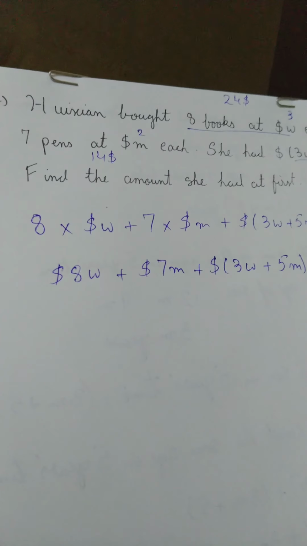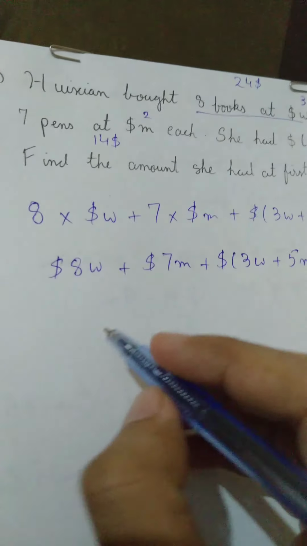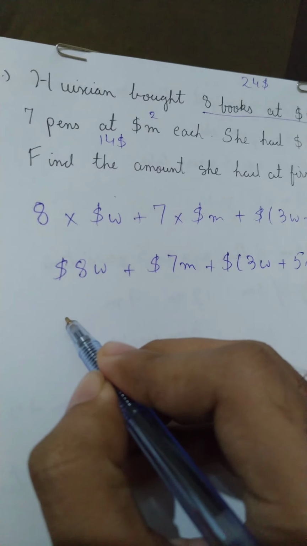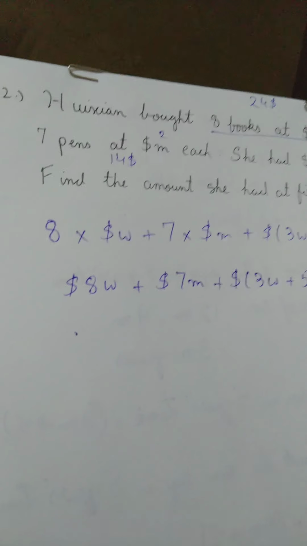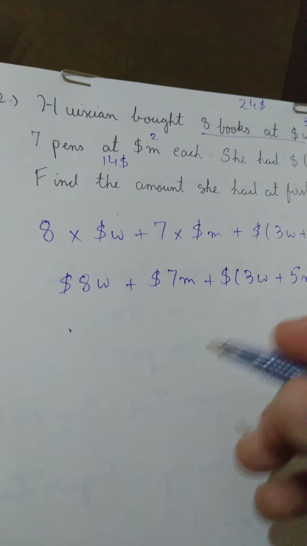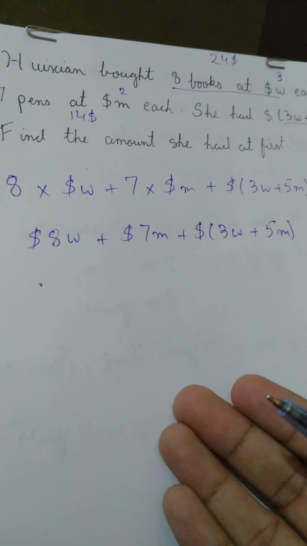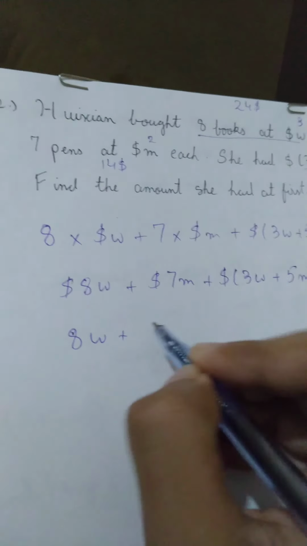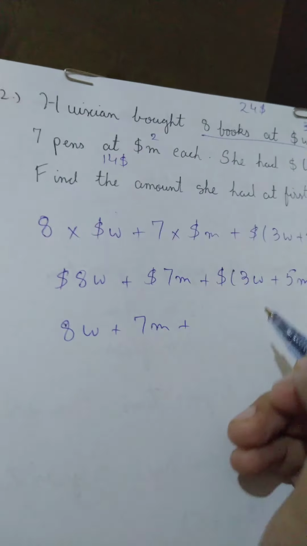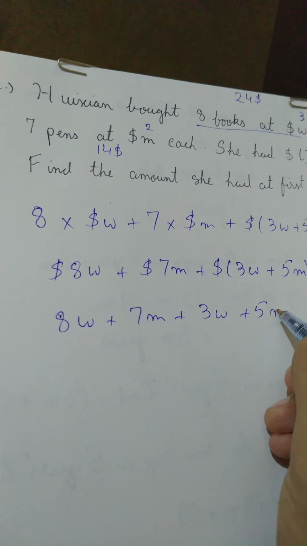Just open the brackets. I'm just removing the dollar for now, because I'd have to write it again and again. I will solve it without the dollar, and at the end I will put the dollar sign in my answer. So 8W plus 7M plus 3W plus 5M.